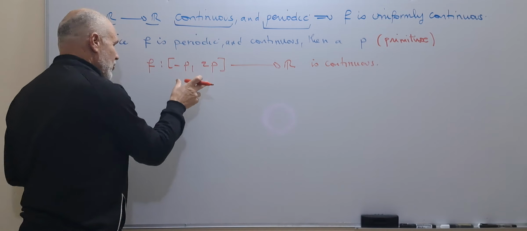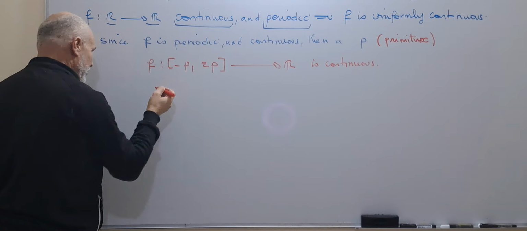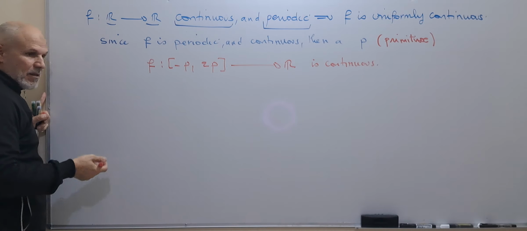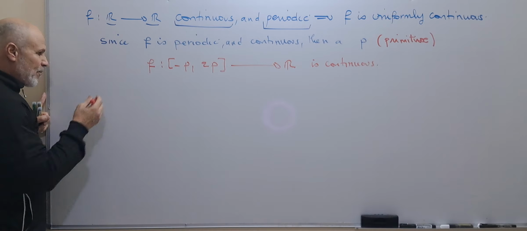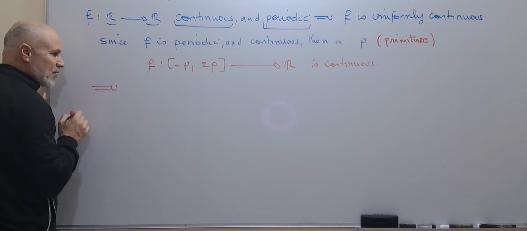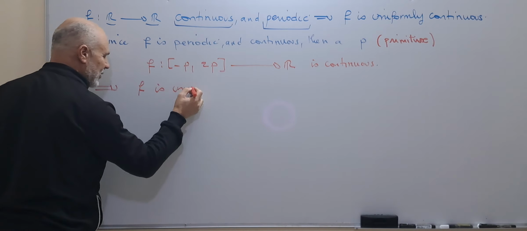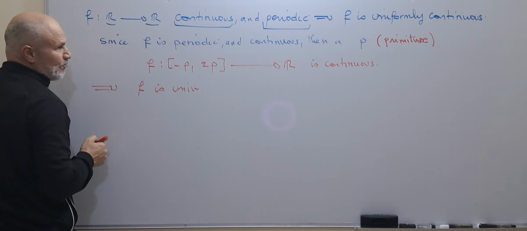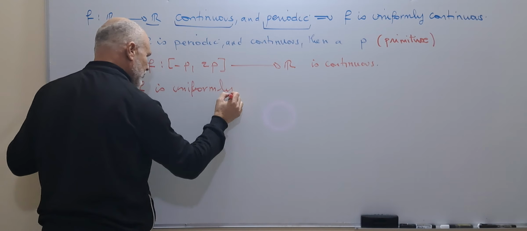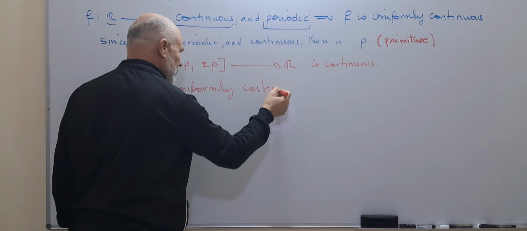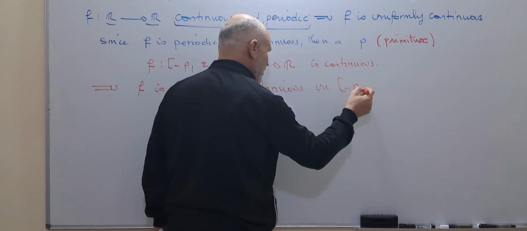Since it is continuous on a closed and bounded interval, using the Heine theorem, proved in the previous video, this gives us the right to say that f is uniformly continuous on minus p to p.